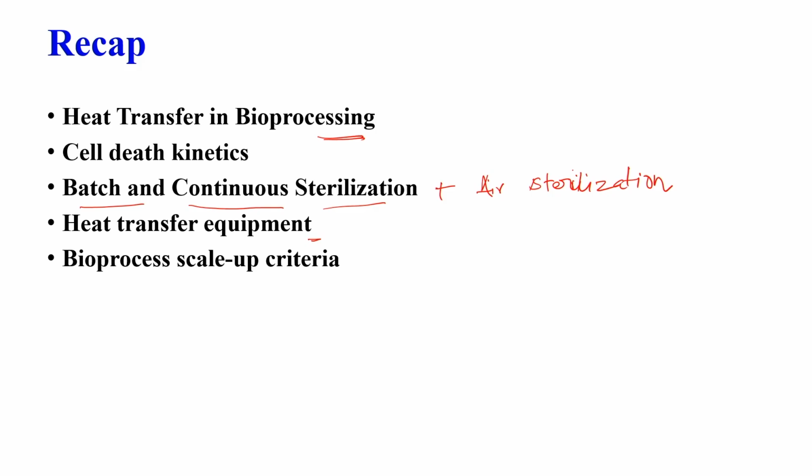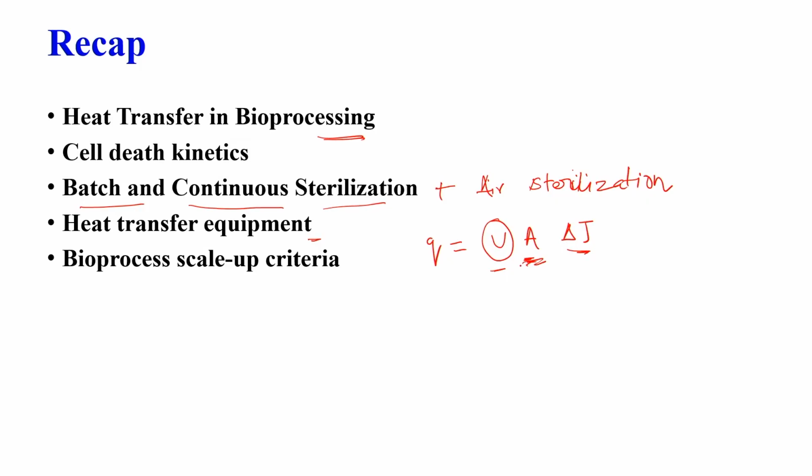So, let us say if you follow convection, convection says Q equals U A delta T. The overall heat transfer coefficient needs to be maximized, the contact area needs to be maximized, and delta T. Typically heat transfer equipment is designed in such a way to maximize the contact area. For example, if you remember the shell and tube heat exchanger, it can be single pass or multi pass to increase the contact area.